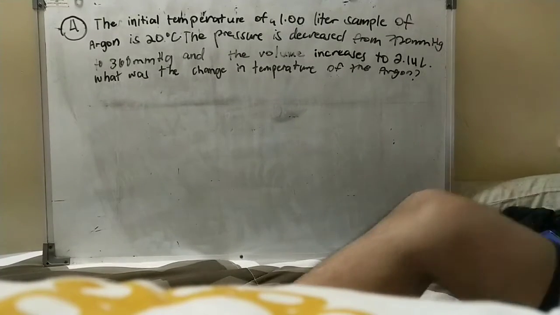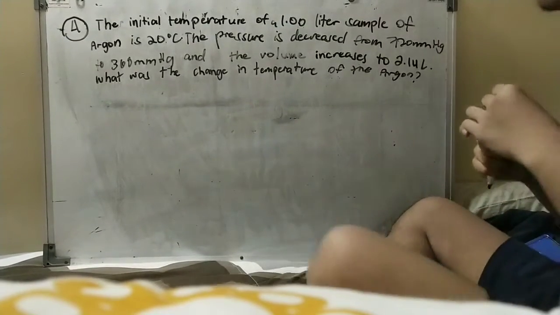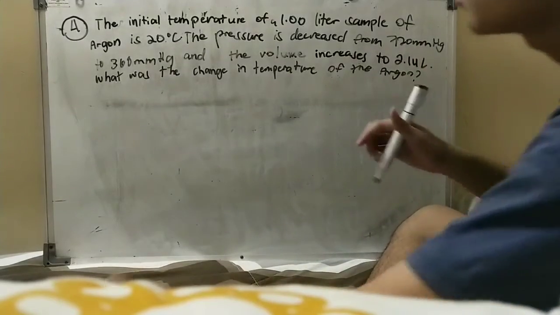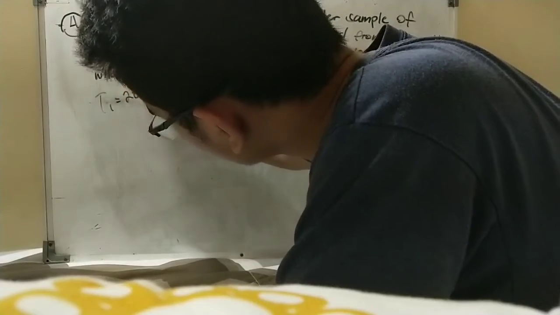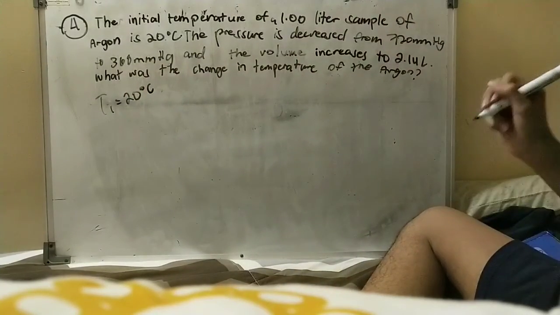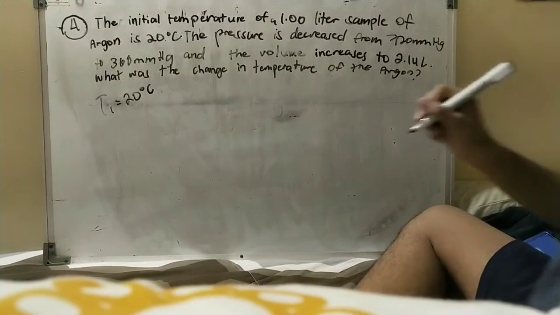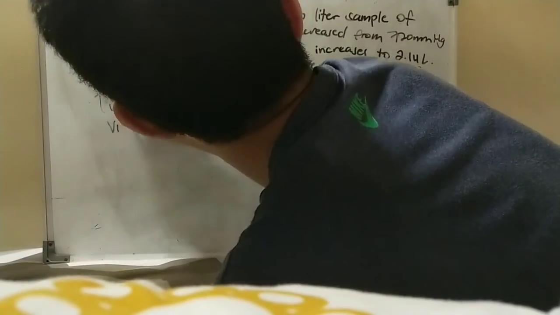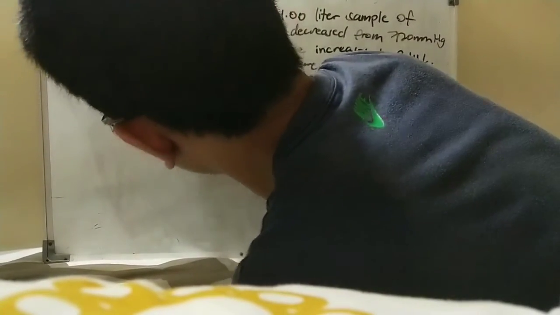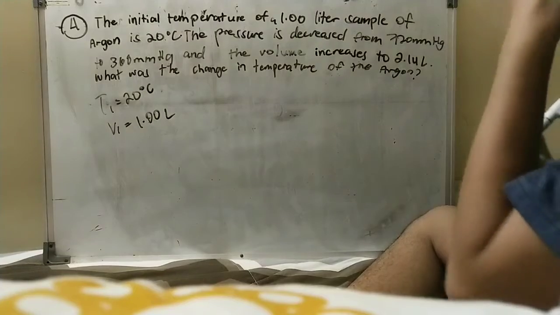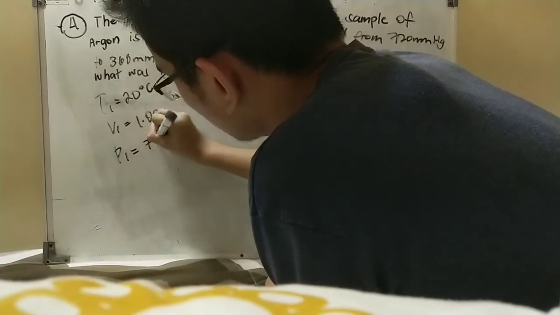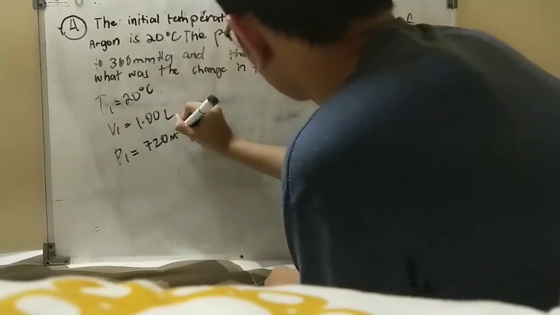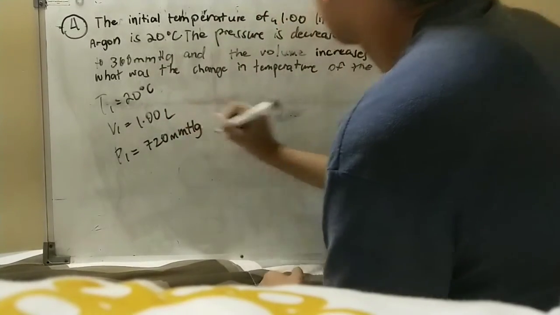So first, like I stated earlier, we need to write our values in the problem. So our first value is the initial temperature of 20 degrees Celsius. Our next value is our volume 1, which is 1.00 liters. Our next value is our pressure 1, which is 720 mmHg.